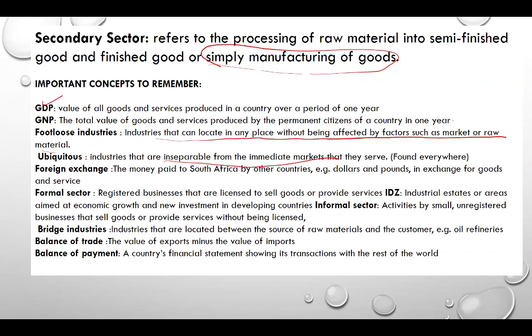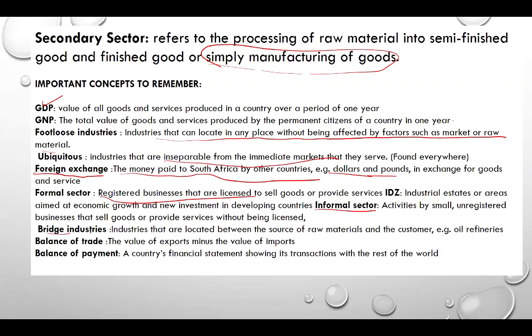Then what is foreign exchange? You always say the importance of economic activity is to earn foreign exchange. What is foreign exchange? It is the money that's paid to South Africa by other countries, e.g. dollars, pounds, all currencies. Formal sector refers to all the registered businesses, and informal sector refers to all unregistered businesses.